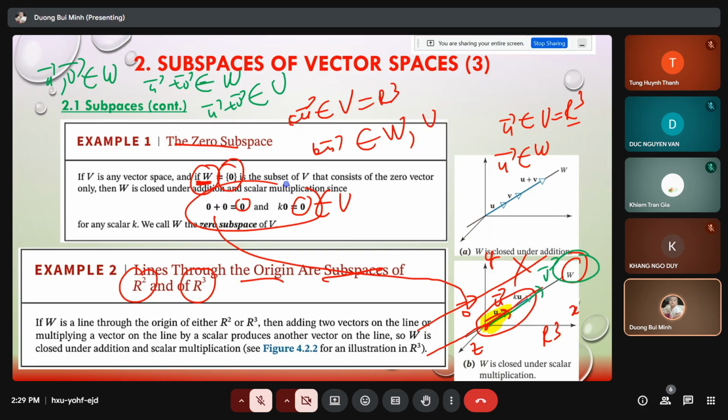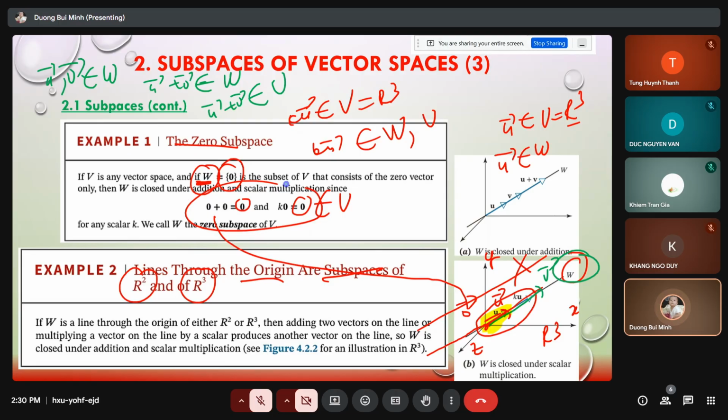You get this one? It belongs to W and also belongs to V, which we say is R3. And if we have k times u, like this, k times u also belongs to the set W and V. They have the same characteristics, so we say W is a subspace. Understand?